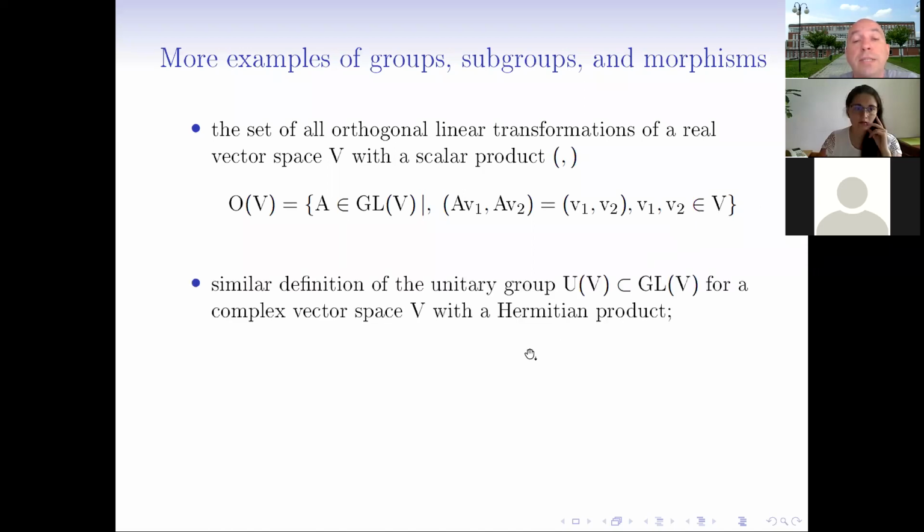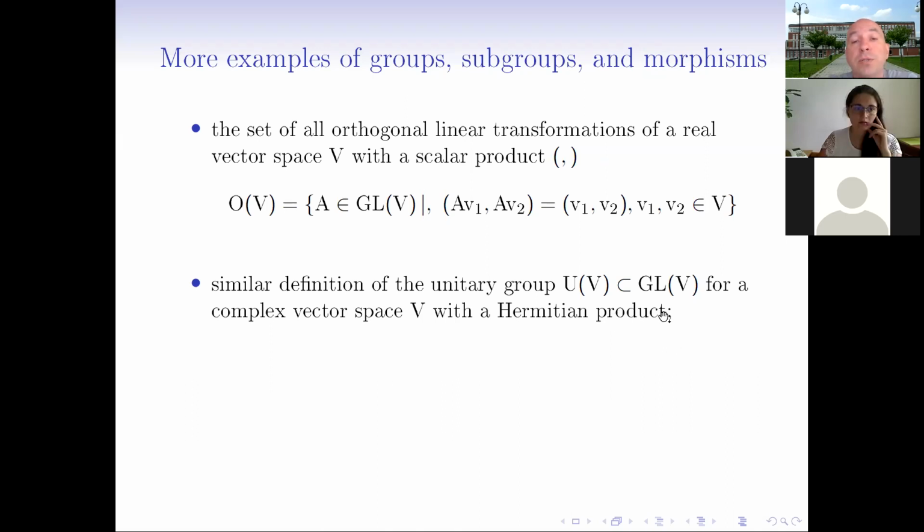Now we can define in a similar way the unitary group. Instead of a real vector space V with a scalar product, we take a complex vector space with a Hermitian product or Hilbert product. It means that the product is not symmetric, but it's conjugate symmetric. So (v1, v2) equals (v2, v1) complex conjugated.